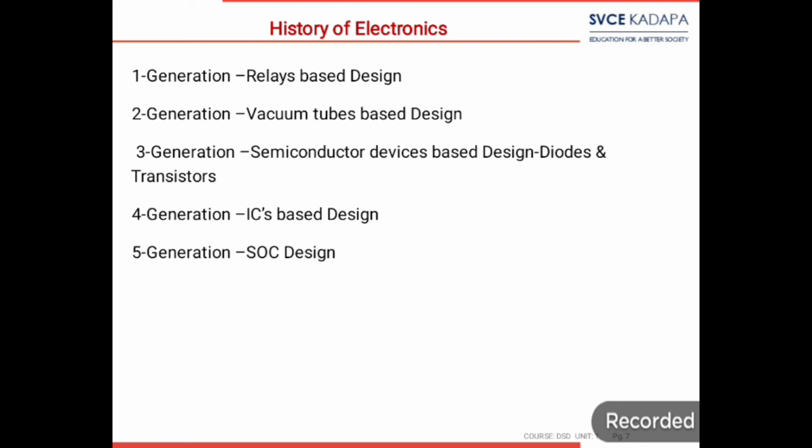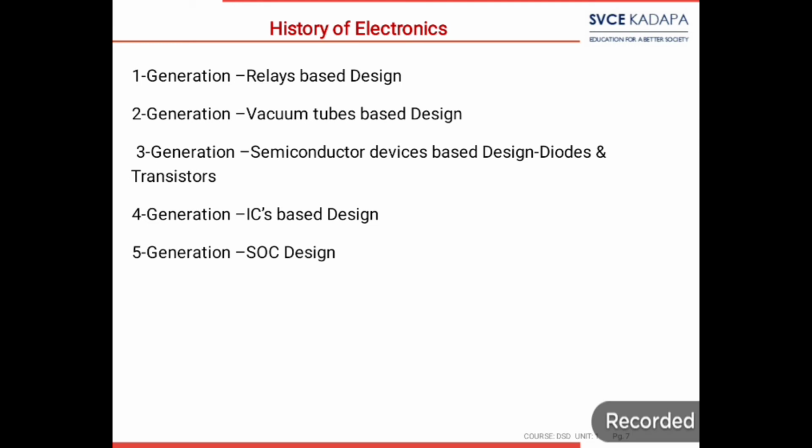Next generation is vacuum tube based. A vacuum tube is just like a pipe; the electrons flow from one end to the other. Like that, we can implement all designs using vacuum tubes. The main aim of electronics engineers is to reduce the size, reduce the power dissipation, and increase the speed of operation.